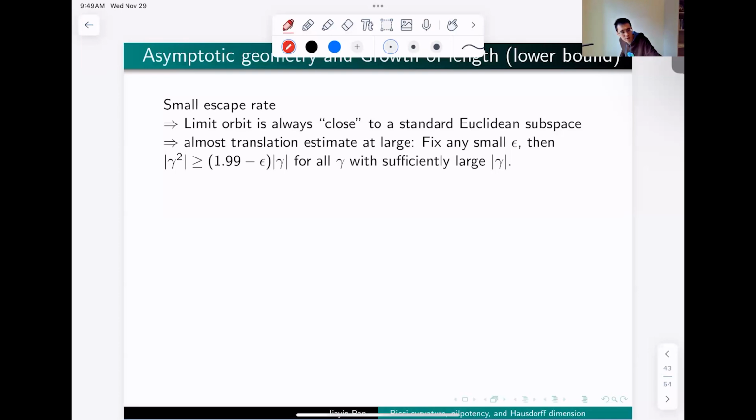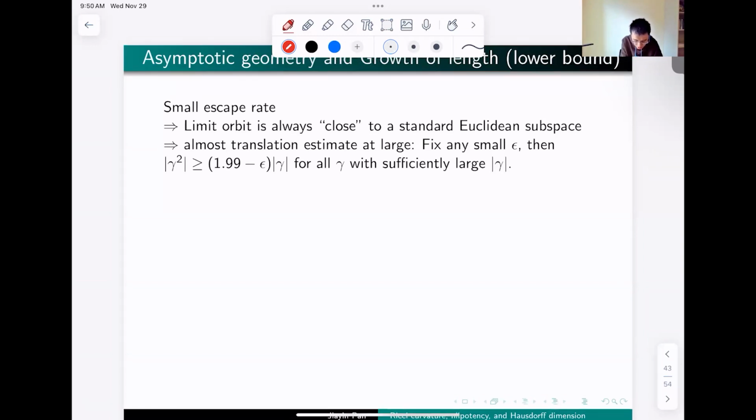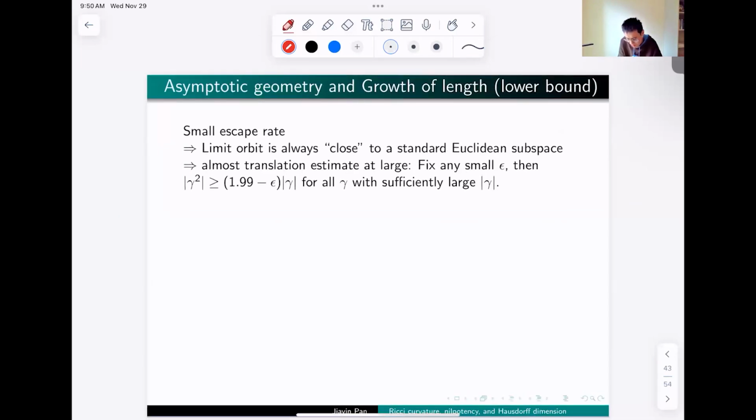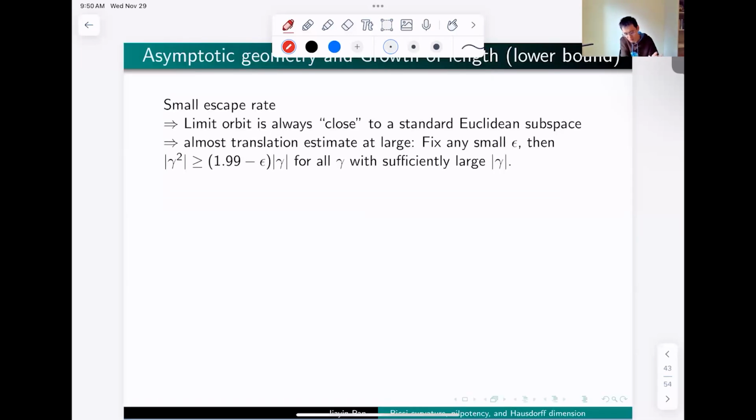If you start with a very small escape rate, then it turns out that these limit orbits are always very close to a standard Euclidean space in the Gromov-Hausdorff sense. Then we can further show that since it acts on a Euclidean space, it will be pure translation.